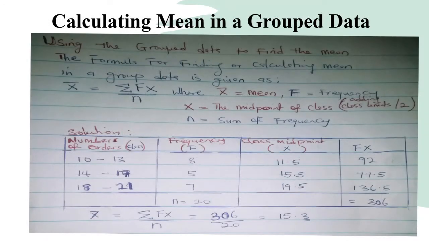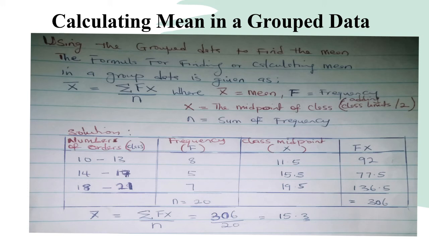The formula for calculating the mean in grouped data is x bar equals the summation of f times x, divided by n, where x bar is the mean, f is the frequency, x is the midpoint of the class, which is always gotten by adding the class limits and dividing by 2, and n is the sum of the frequencies.